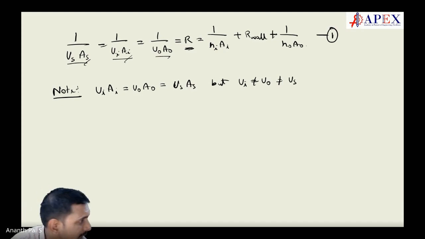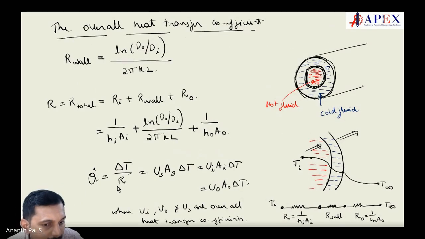How does this come? Why does this come? Because we have to see how does it come. This is done by equating the Fourier law of heat conduction to Newton's law of cooling. This Newton's law of cooling, this is h A delta T, is it not? Instead of h, I say U, overall heat transfer.